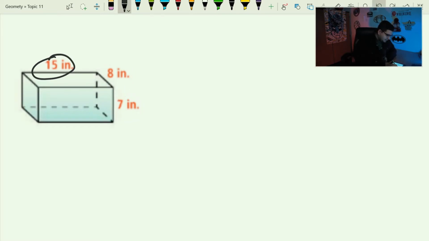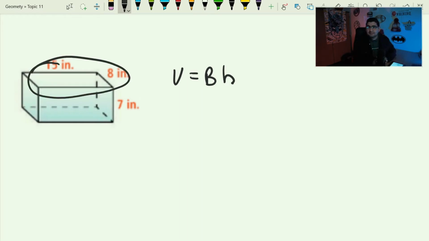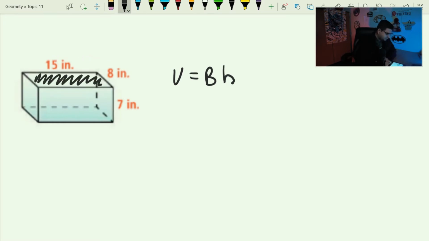My formula for the volume is going to be B times H, where B is the area of this top rectangle. In order to find that, I would simply need to do 15 times 8, because the area of a rectangle is just the length times the width.